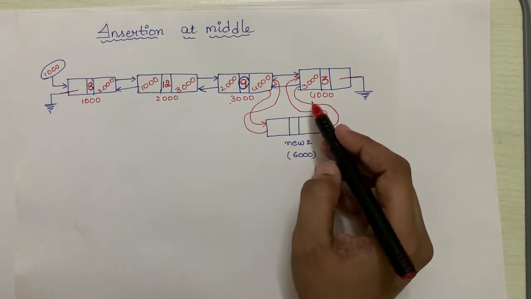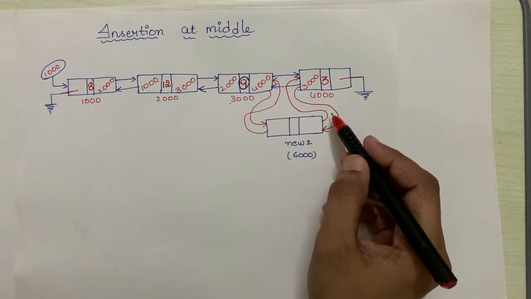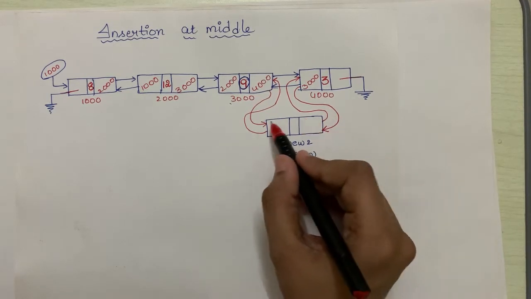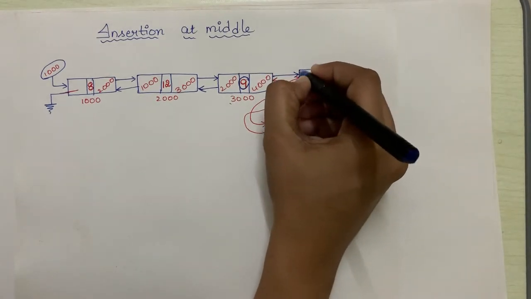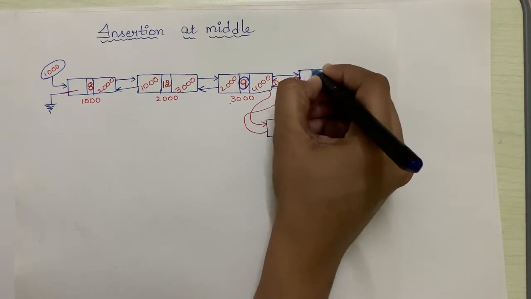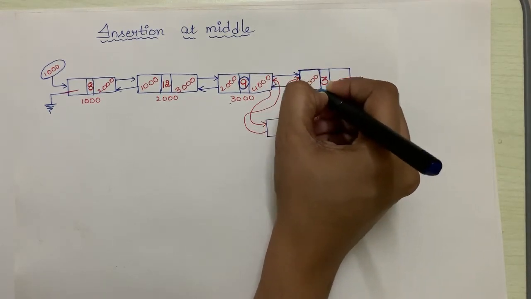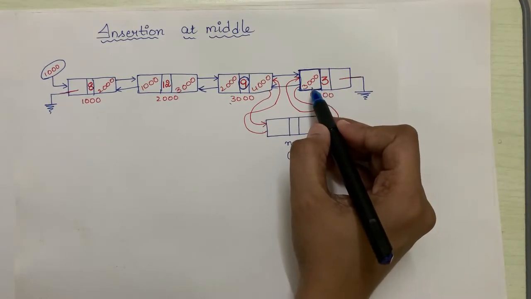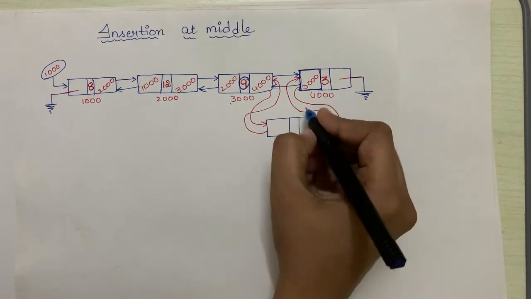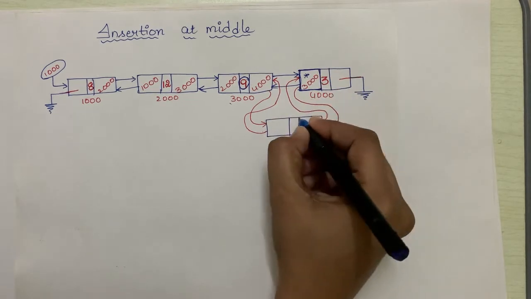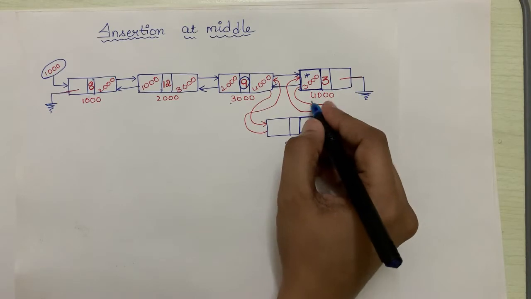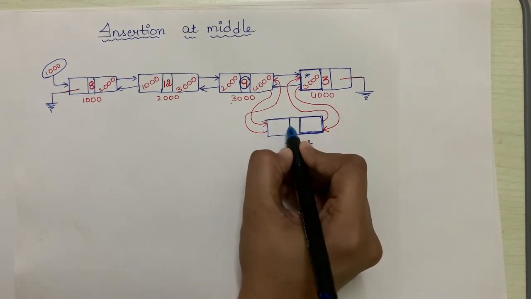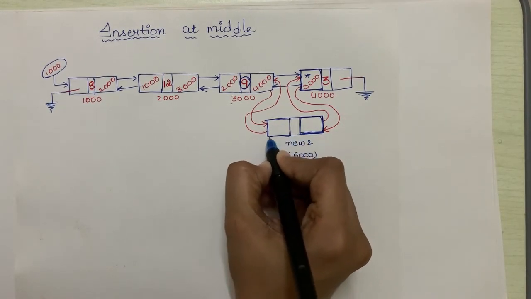So there should be 4 statements to be written to insert a new node anywhere in the double linked list. So what are the 4 fields to be modified? The first field is this one, because here in place of 3000 we should get 6000, and the second one is this field, because this field should store 4000, and the third one is previous field for new 2.